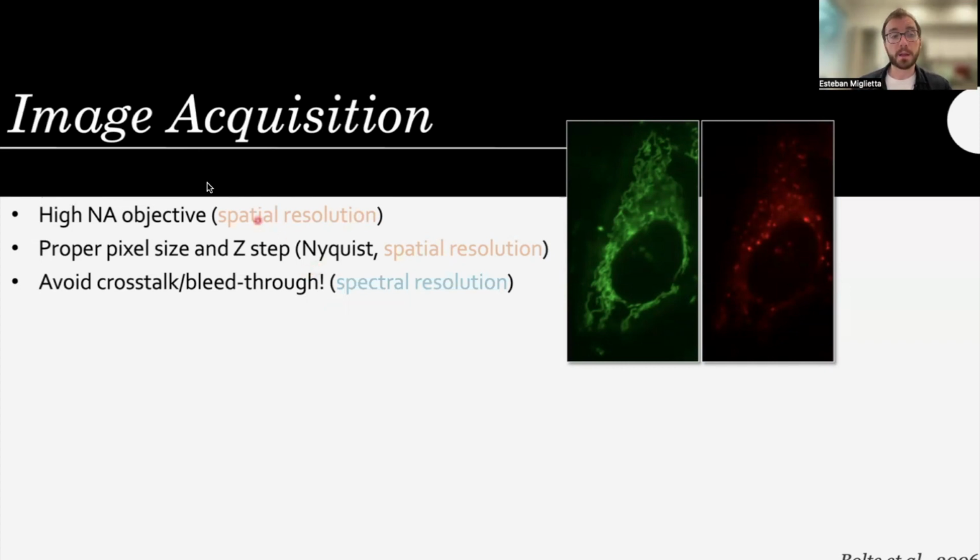For that, it's highly recommended to use a high NA objective and also to set a proper pixel size and z-step, if you are doing z-stacks, using the Nyquist criterion, which will allow you to capture all the best resolution that the objective can give you.